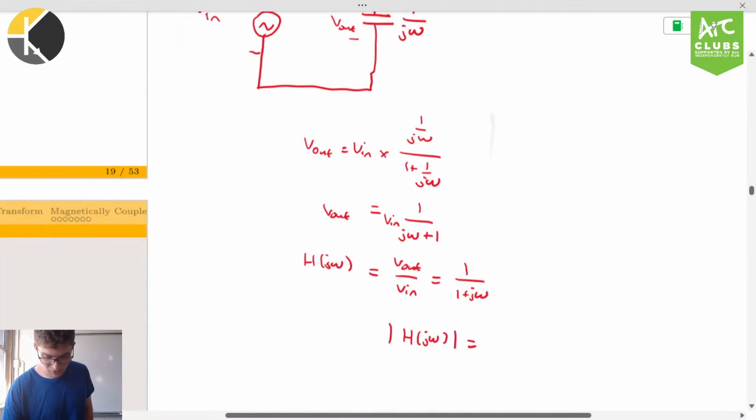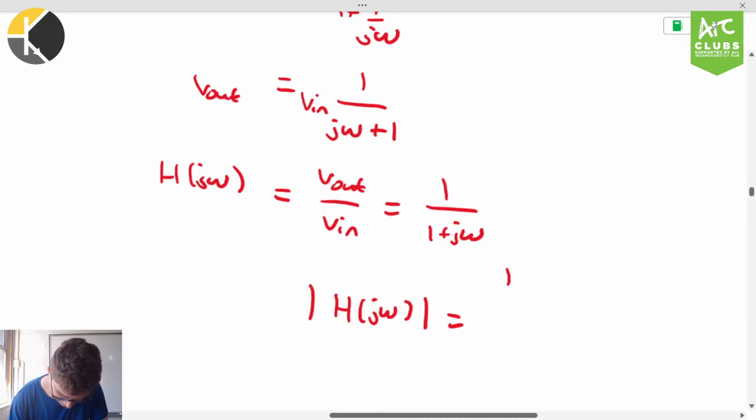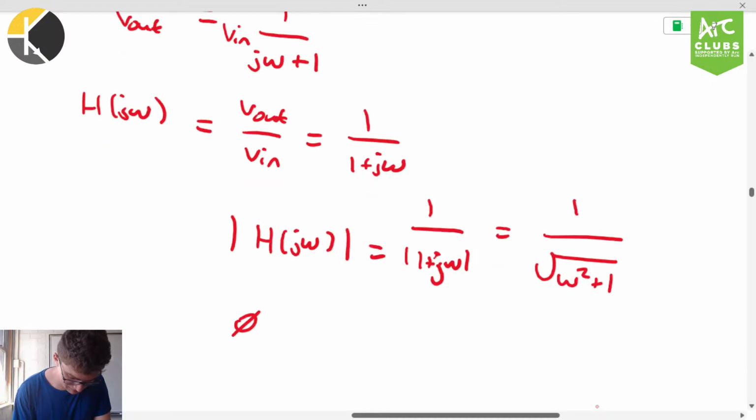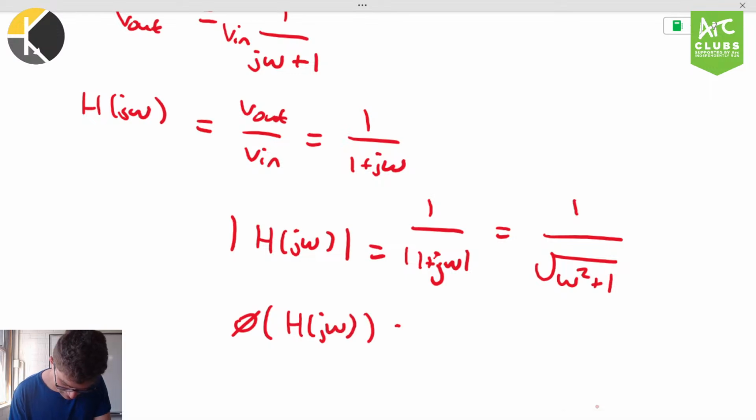Okay, let's find the magnitude. This is going to be equal to 1 on 1 plus j omega, amplitude, and using our known rules, this is equal to 1 on the square root of omega squared plus 1. Easy. Now the phase of H of j omega is going to be the angle of the numerator minus the angle of the denominator.